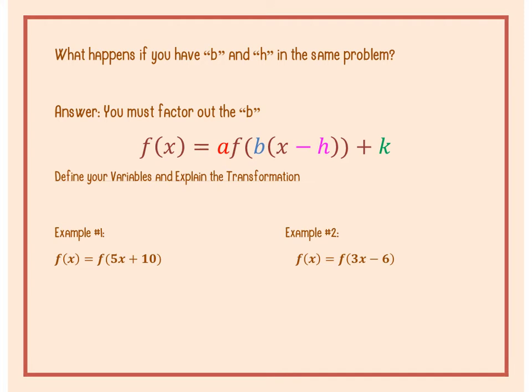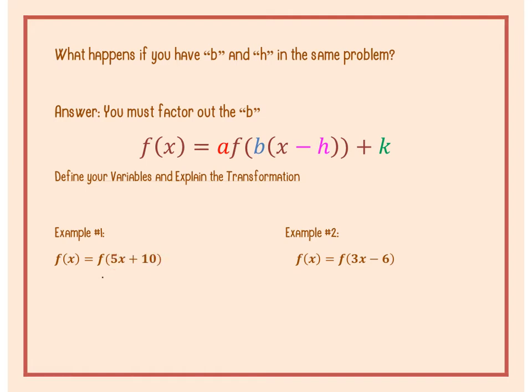So one thing that we don't see a lot of is having B and H in the same problem. So remember how I mentioned the double parentheses? So whatever I have here, I actually have to factor this out, okay? So I look at this first problem and I look at this value and I have to take a 5 out of this equation.